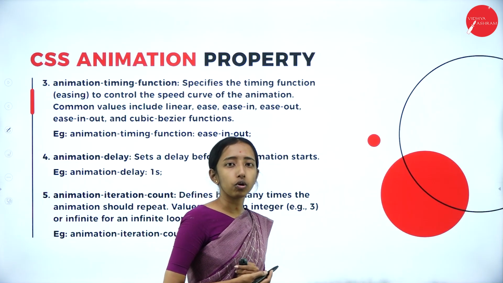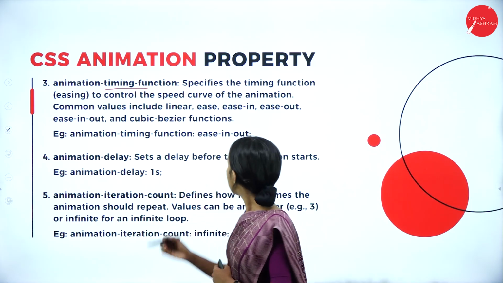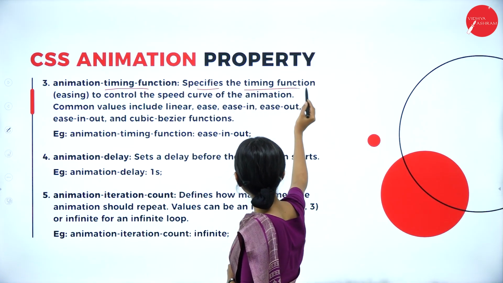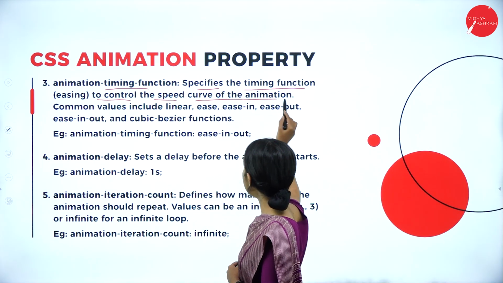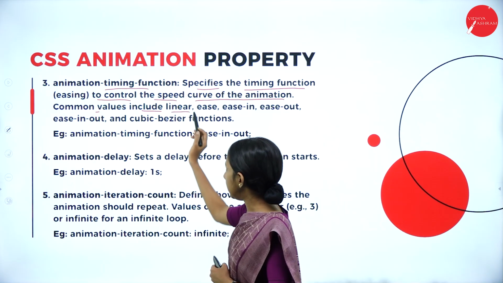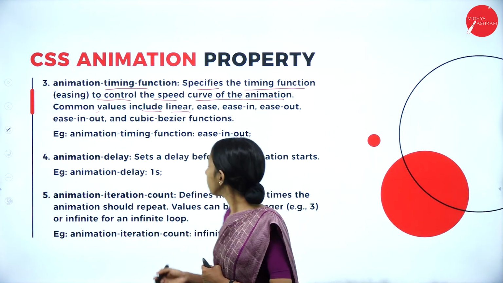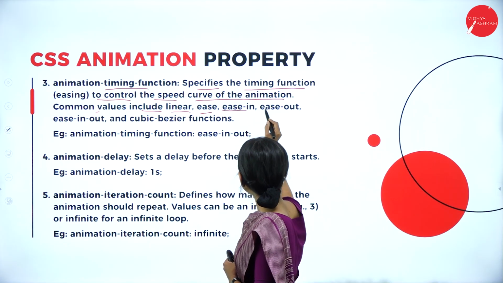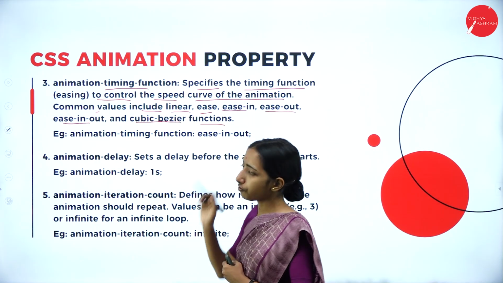The next property we will be learning is the animation timing function. This specifies the timing function that controls the speed curve of the animation. Common values include linear, which means it will be in a sequential format, ease, ease-in, ease-out, ease-in-out and cubic-bezier function.